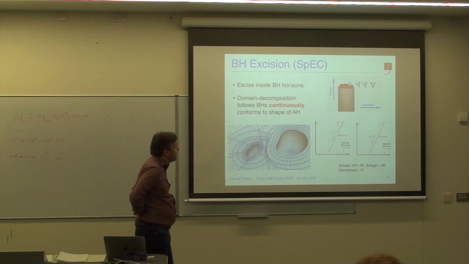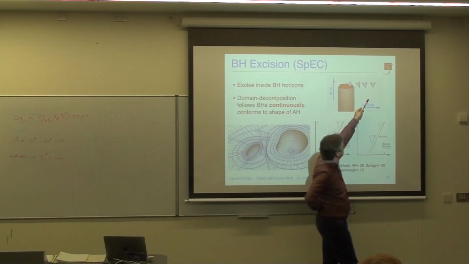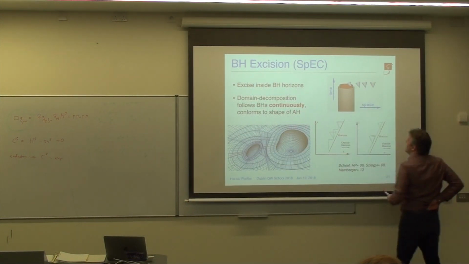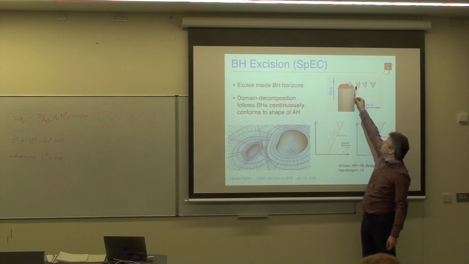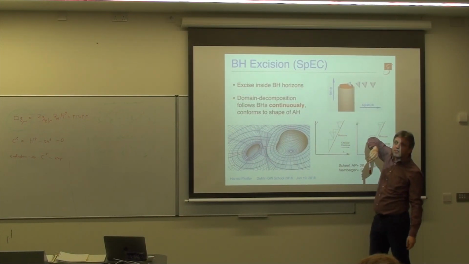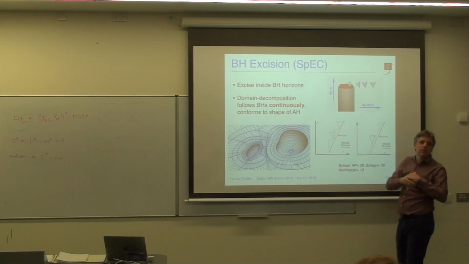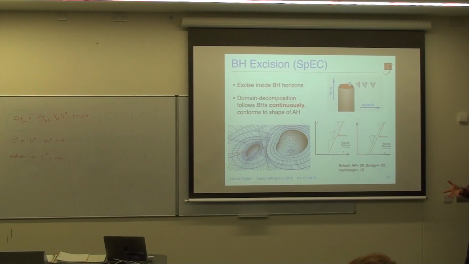Causal excision is a concept that's remarkably easy to explain. As you go inside your black hole, the light cones are turning over. So if you have an artificial boundary just inside the black hole horizon, the light cone is on one side. You can put the boundary there, but because all the information flows into the black hole, you actually don't need boundary conditions.